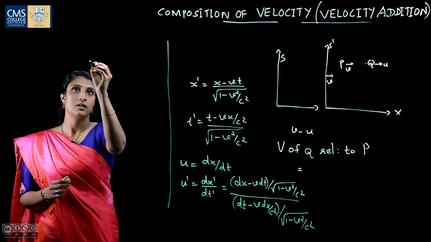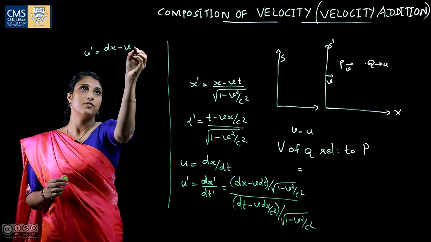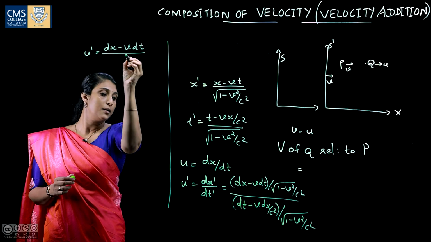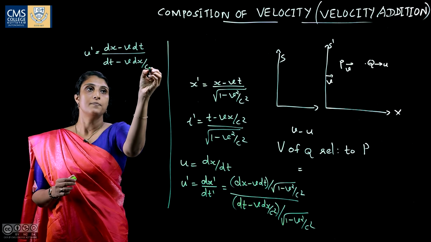Therefore, u dash equals dx minus v dt divided by dt minus v dx by c square.